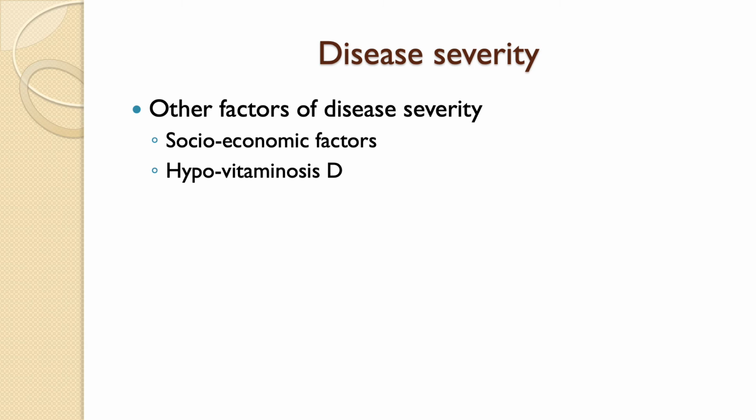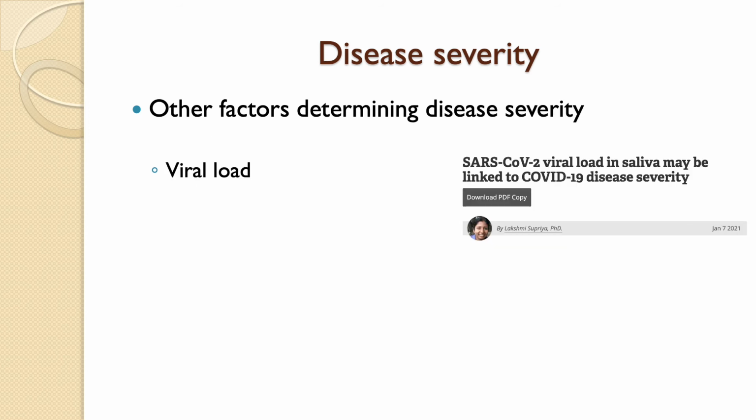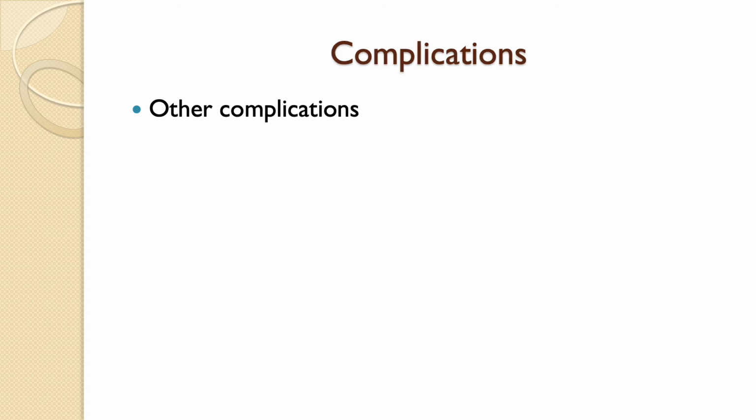Other factors that play a role in the disease severity are the socioeconomic factors, and perhaps there are some indications for hypovitaminosis D. Another factor determining the disease severity is the viral load. And this is of course not measured and indicated in each patient, but it becomes quite clear that the viral load of the contamination plays an important role in the course of the disease.